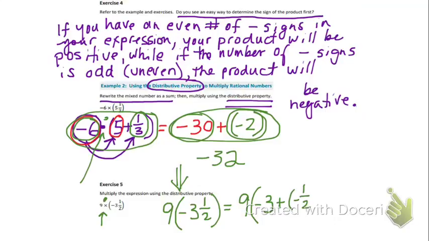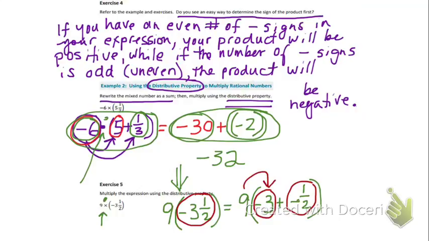I guess we don't really need this parenthesis. So what we've done, and we always want to remember this, is that -3.5 is actually -3 and -1/2 added together, the sum of.